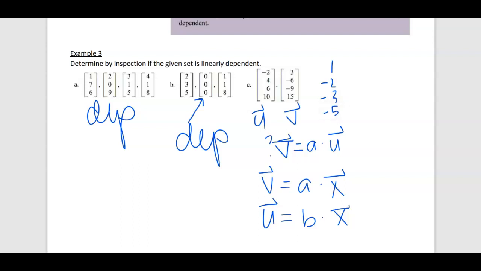If I divide everything in this other vector by 3, I get 1, -2, -3, +5. So those don't end up being the exact same vector.